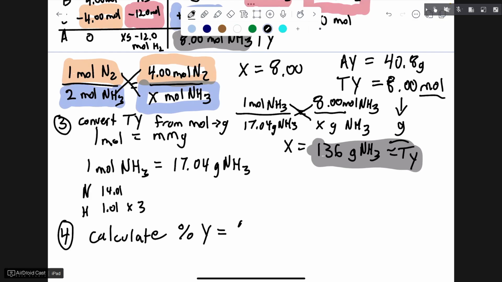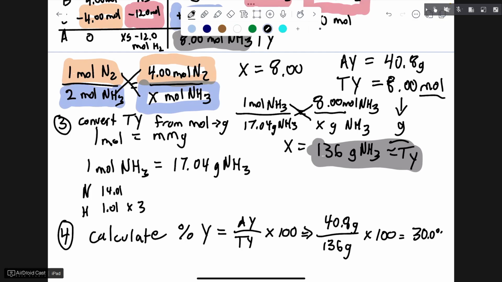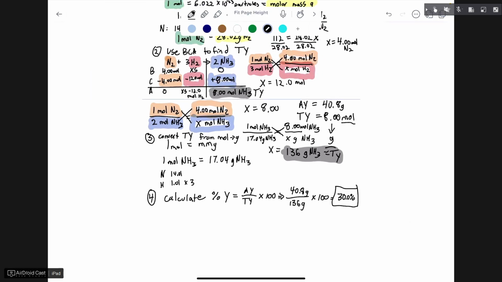Percent yield is the actual yield divided by the theoretical yield times 100. So in this case, all we have to do is take 40.8 grams and divide by 136 grams, multiply that by 100, and if you plug that into your calculator and round to 3 sig figs, you would get 30.0%. And that is our final answer.